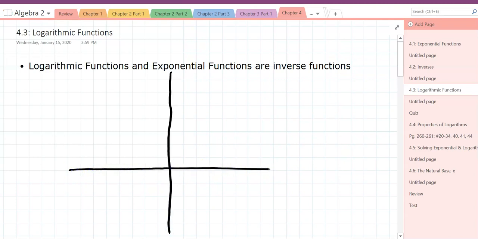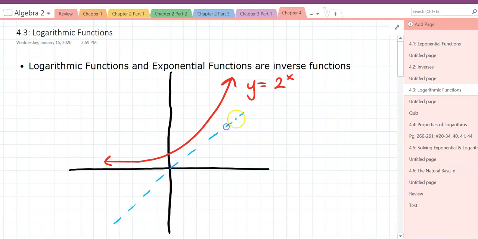Okay, if this is my graph here, an exponential function would look something like this. We could call this y equals 2 to the x power. That would be an exponential function because you're raising 2 to powers, and so it's going to increase quickly over time. Remember that line yesterday I showed you that went through the origin, that y equals x line? That's acting like a mirror here.